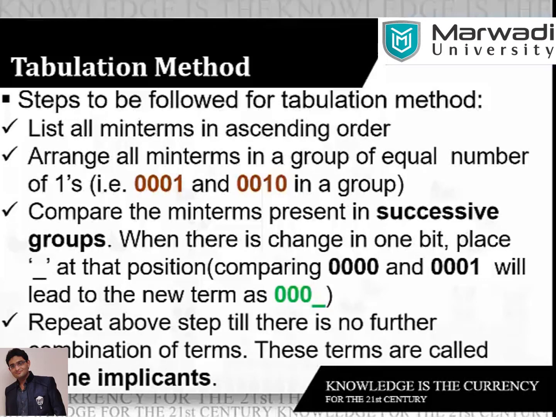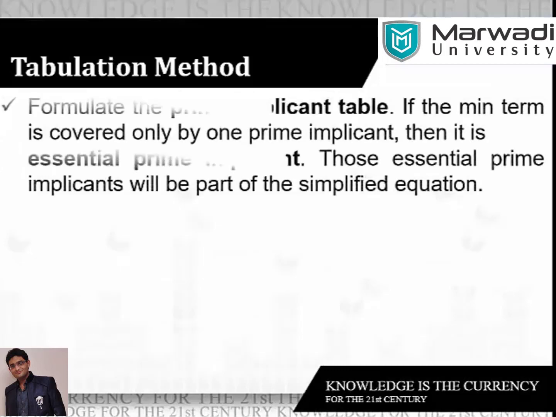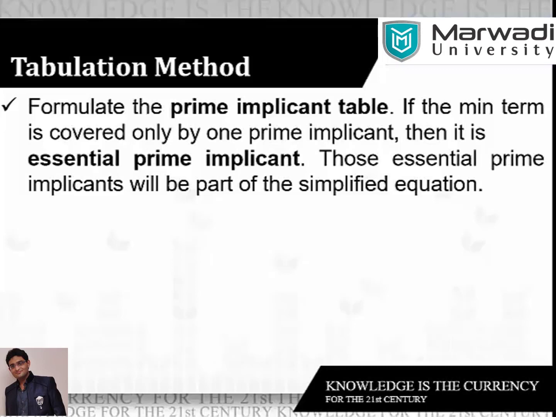The fourth step is to repeat the above step, that is step number 3, and to continue this type of combination between the successive groups until we obtain the prime implicants. The next step is to formulate the prime implicant table, where we will be obtaining the essential prime implicants.